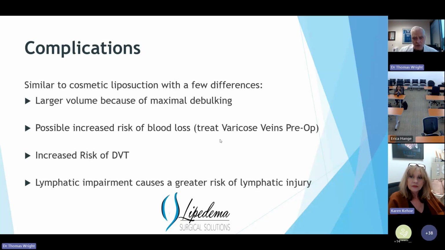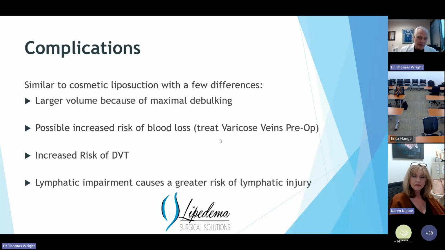Women with lipedema, and lipedema and lymphedema both, have an increased risk of DVT. And about 80% of women with lipedema also have an increased BMI, which increases the risk of DVT as well. So those are additive, and we do recommend prophylactically treating for DVT with blood thinners.